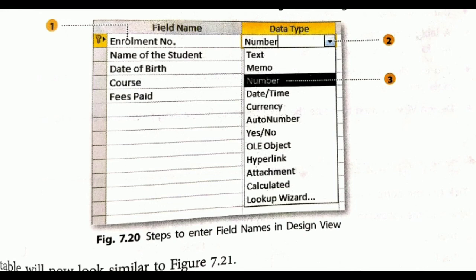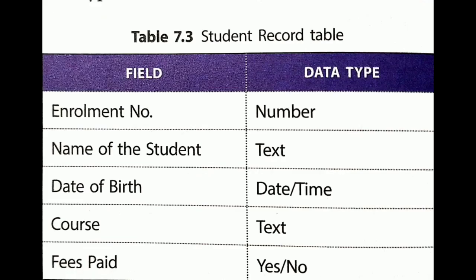Likewise, if you want to change the data type, you have to click on the arrow in order to open the drop down menu. And likewise you have to enter the data type for all the field names given in this table. Okay, these are the steps that you have to follow in order to create a table by using design view. So finally our student record table has been created by using the design view.